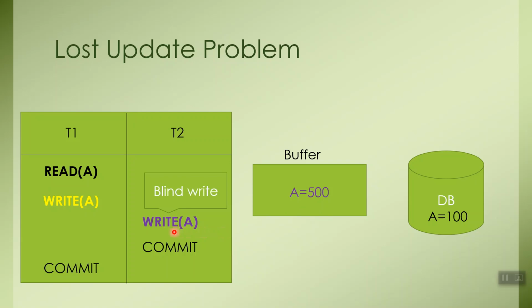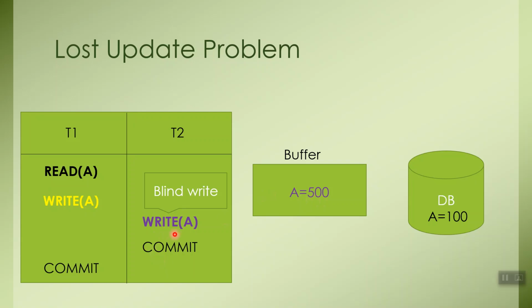This kind of write is called a blind write, which means the transaction has not read the value of that data item, but it is just overriding the data item with some other value, without knowing its initial value.